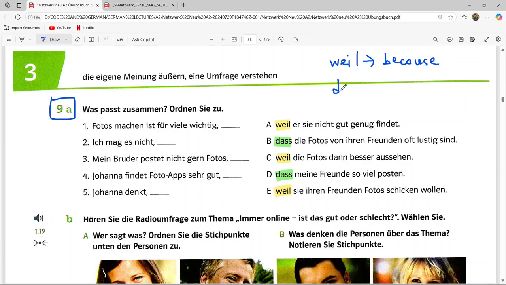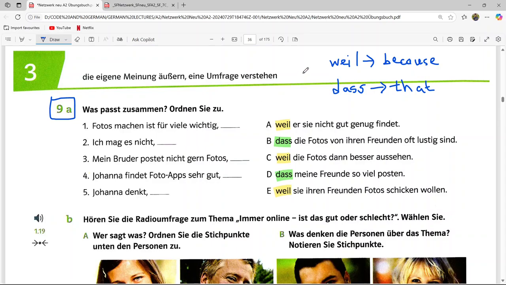And dass means that. What they do, they combine two sentences. Okay, so when to use weil and when to use dass.